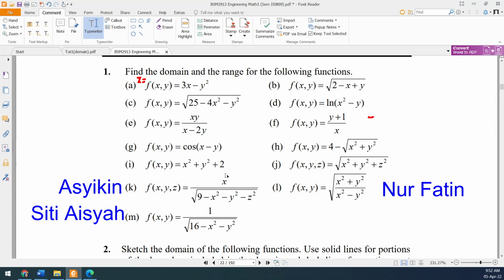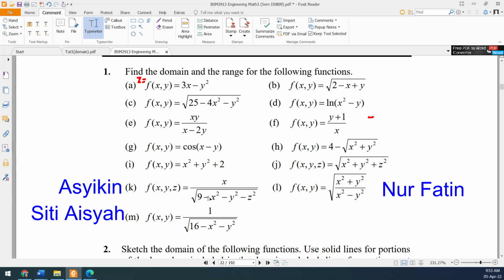Because x is real number. Okay, numerator x is real number, divide denominator, you can have 0 or positive number. So real number, let's say divide by 0, you have, okay, cannot divide by 0.